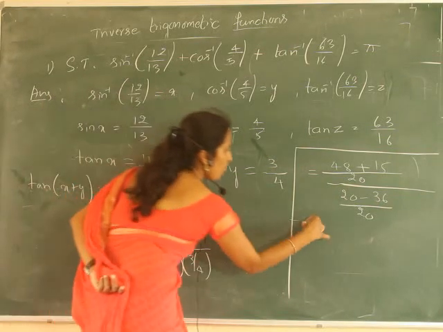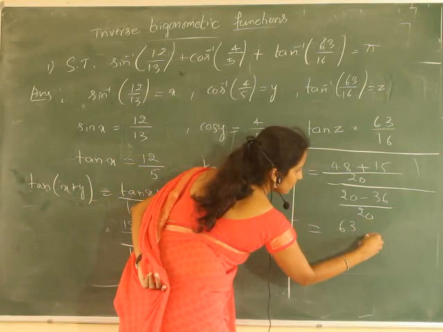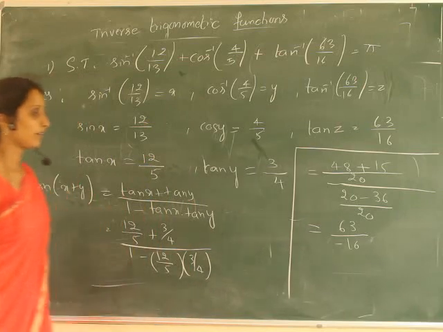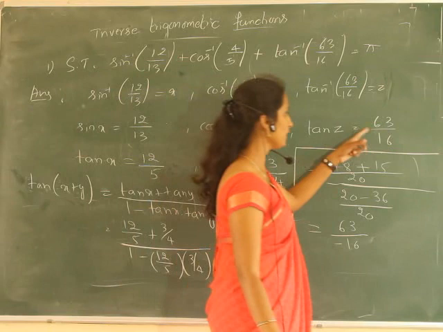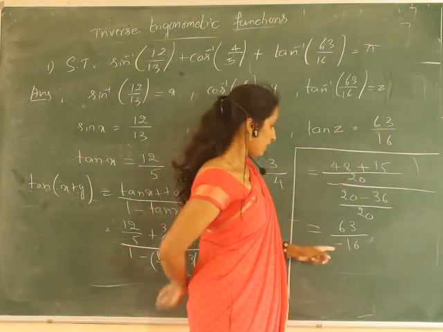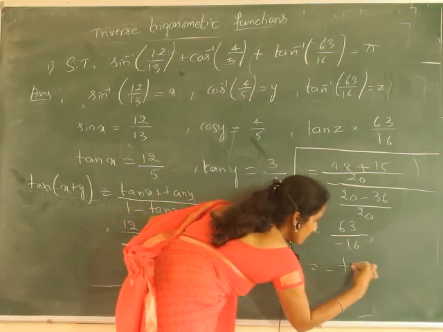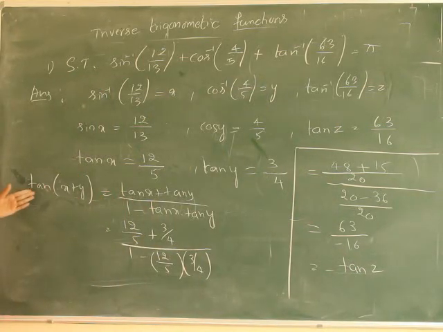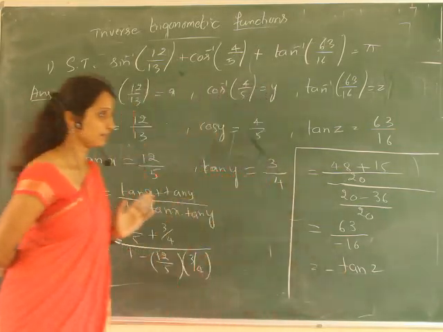So this is equal to 63 by minus 16. But we know that tan z is 63 by 16. So we are getting here minus 63 by 16, so I can write it as minus tan z. So tan of x plus y we have simplified and we got minus tan z.